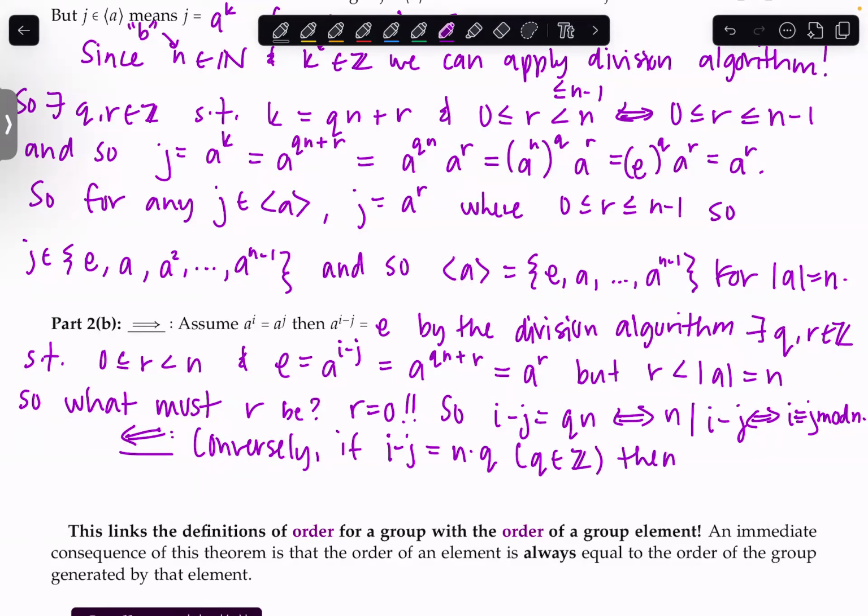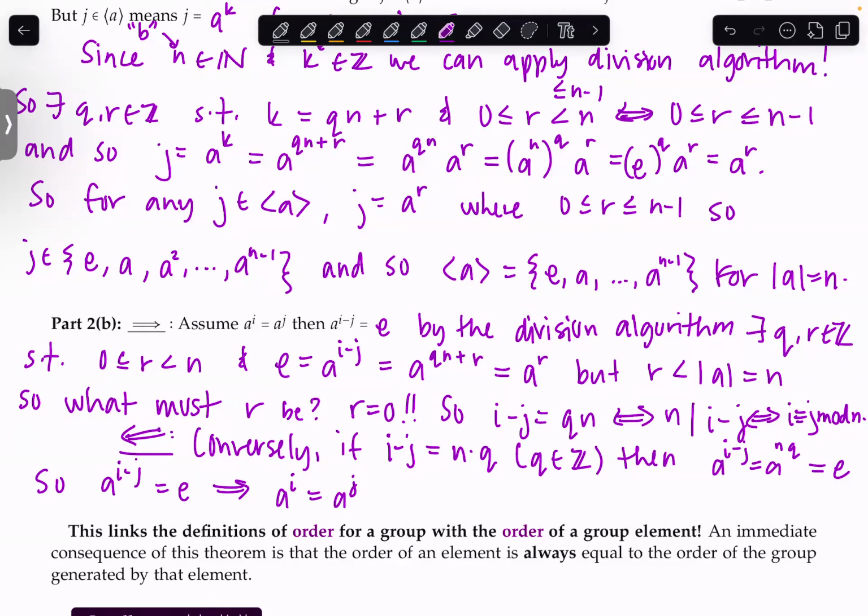And so then if I think about a to the i minus j, I can rewrite that as a to the n to the q, because a has order n, that gives me back my identity. So this is saying a to the i minus j gives me my identity. And I can multiply by a to the j on both sides.